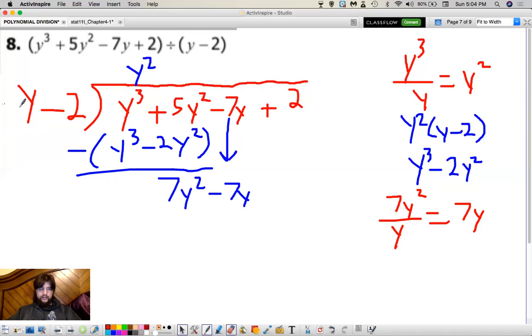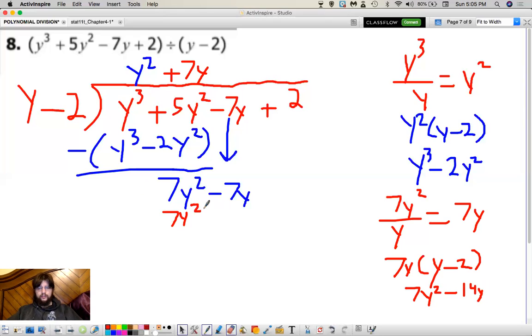Now, it's perfectly possible to have a number over here in our divisor. Well, I haven't gotten there yet, but it's perfectly possible. 7y, that's our quotient. Positive, so put a plus. Multiply it out. If you're doing long division, please take the time to do the scratch work on the side. We get 7y squared minus 14y, and that's what we need to subtract.